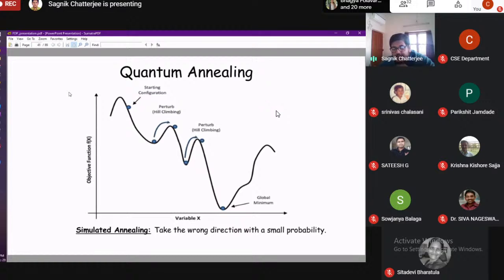So in classical optimizers, we use something called simulated annealing or hill climbing, where if we see that we are at a minimum, we take the wrong path with some probability, which is called the hill climbing algorithm.